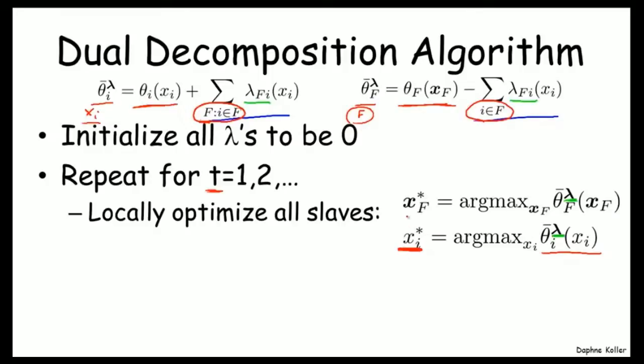The f slave does the exact same thing. It optimizes its own local objective, which is theta hat f, also using the same set of lambdas, and that gives it x star of f, which is this over here. Now, let's see what happens if there is a disagreement between a larger slave f and a variable i in its scope. What we would like to do is incentivize them to agree with each other.